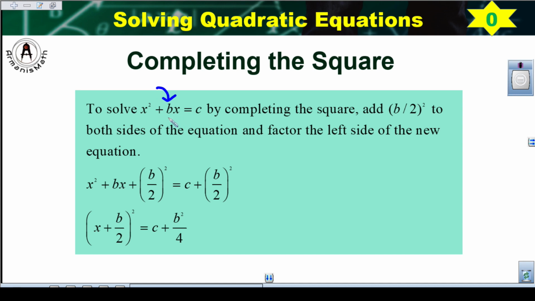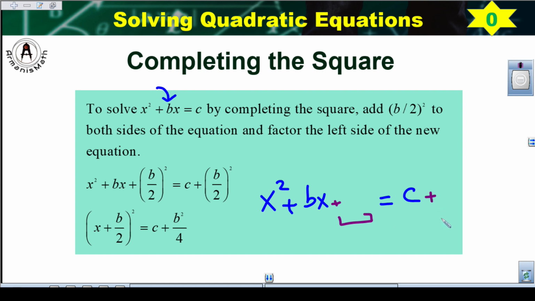I refer to this method as the bucket. Have this in your brain as your bx, and I leave myself room, and I have c here. I add a bucket on this side, and then you add the same bucket to the other side.